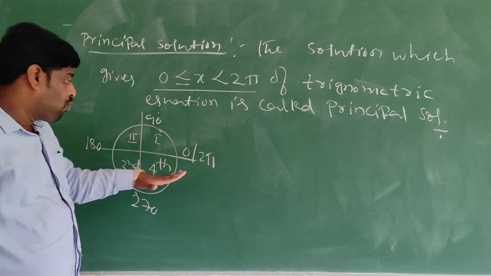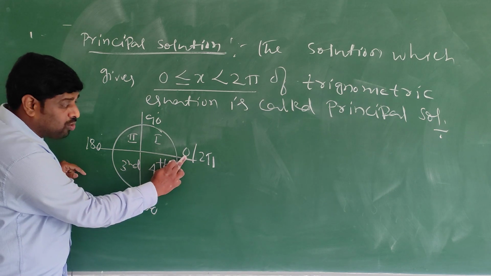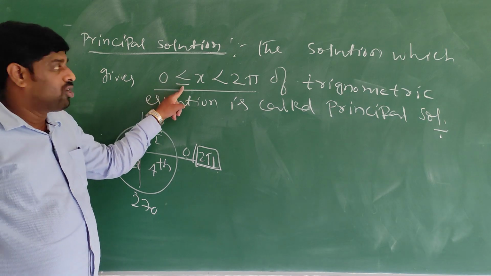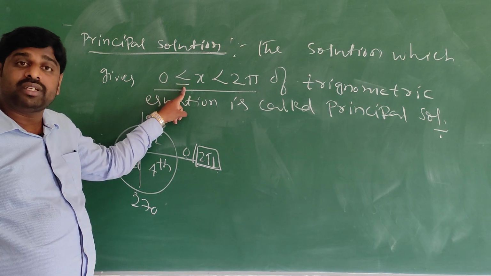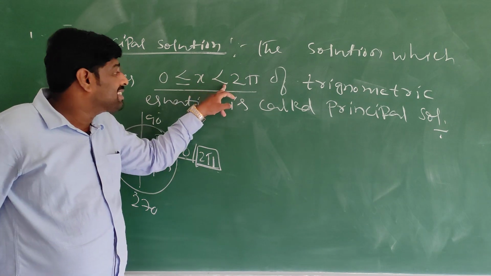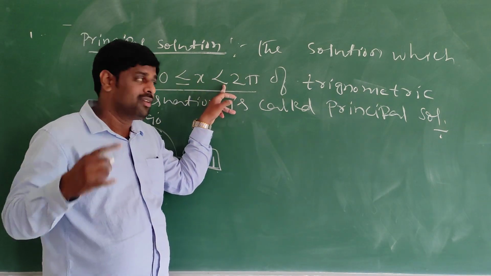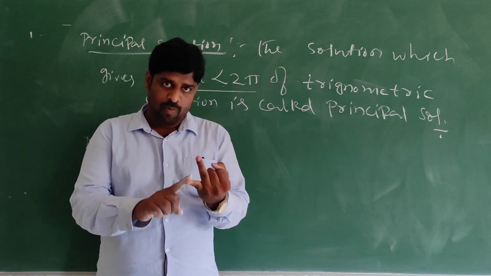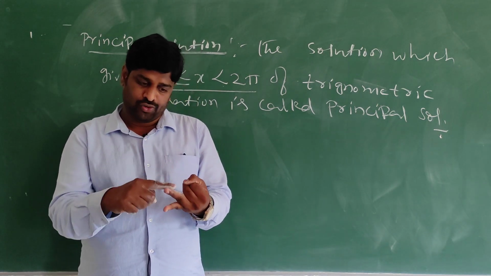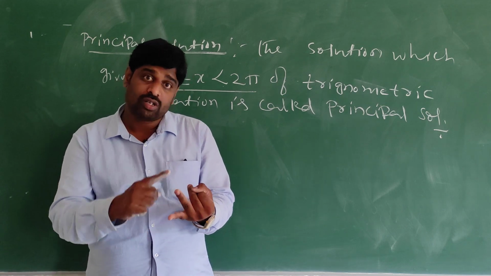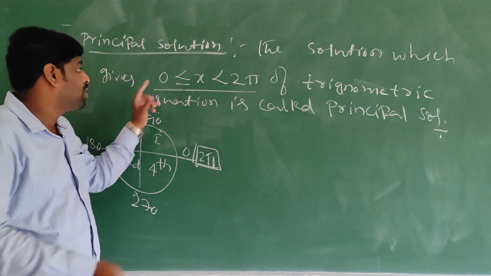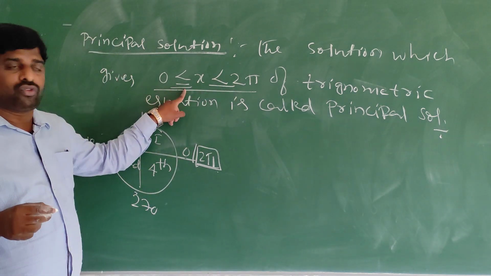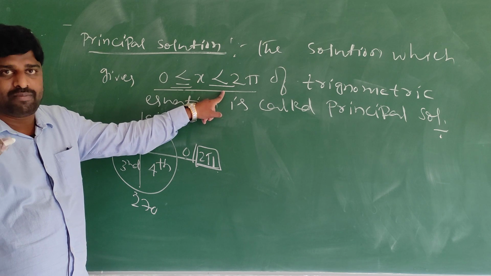That means one rotation, including 0, excluding 2 pi. Already I told you, less than or equal to means including, less than means excluding. Already I told you the interval has 4 possibilities.